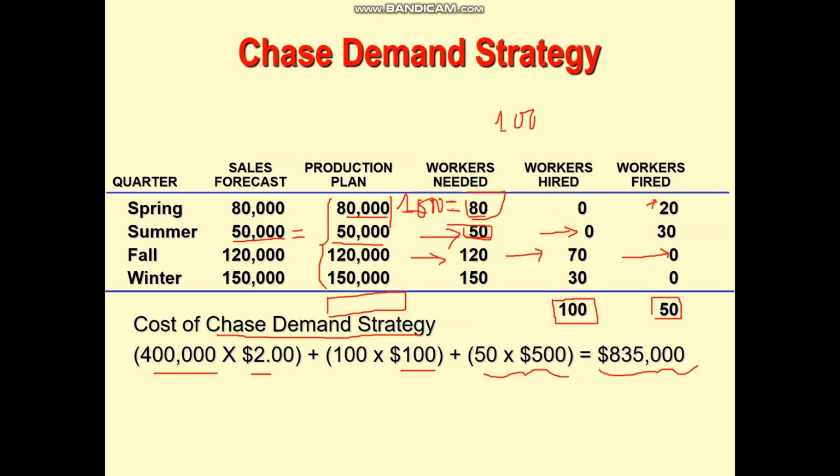However, when we use the chase demand strategy, we only need to pay $835,000. So in this case, the company should use the chase demand strategy. Okay, so depending on the situation, the company will decide if they should use the chase demand strategy or the level production strategy.